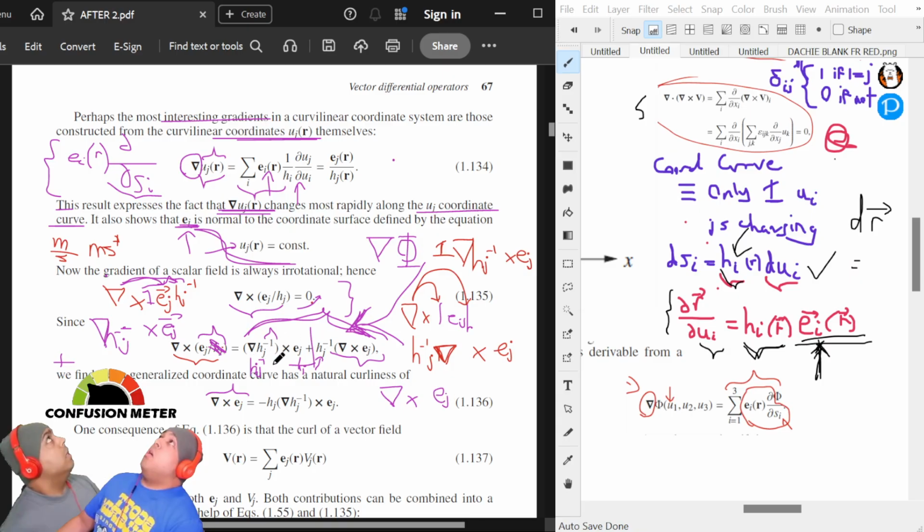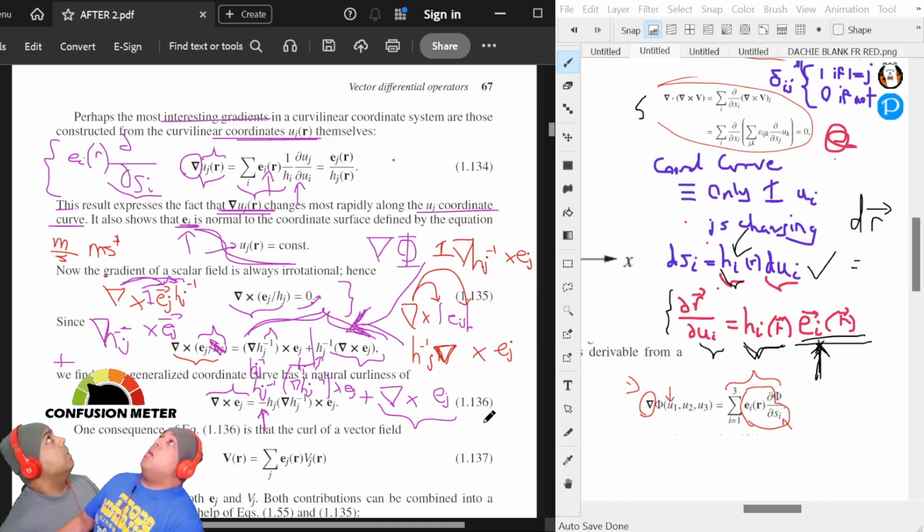And now we have over here gradient HJ minus 1 cross E plus this cross E. HJ, there's a minus over here for some reason. HJ minus 1 EJ. So these two terms line up perfectly, but there's a minus here. And we have this guy here as well.